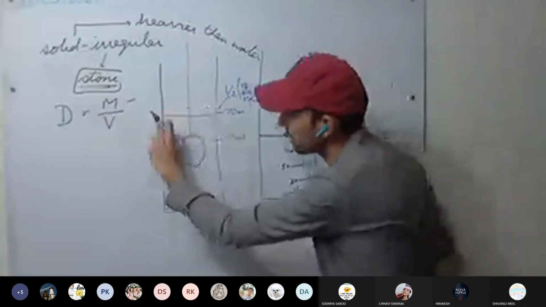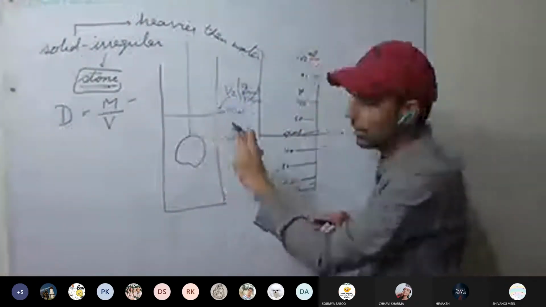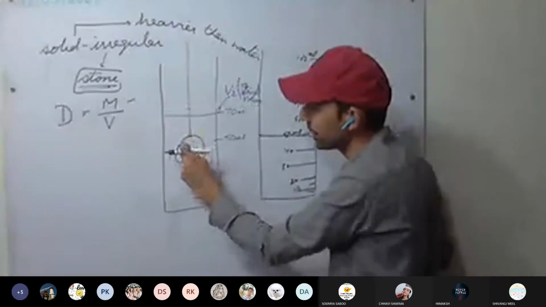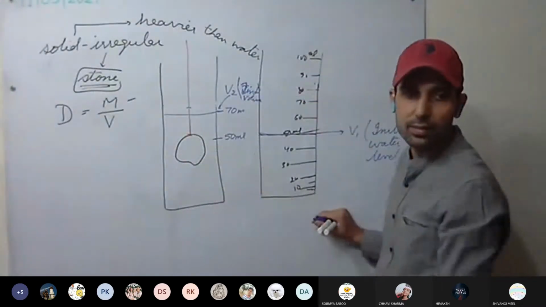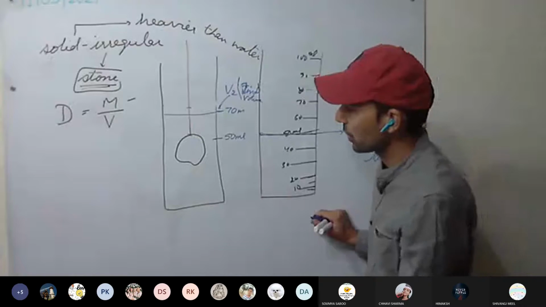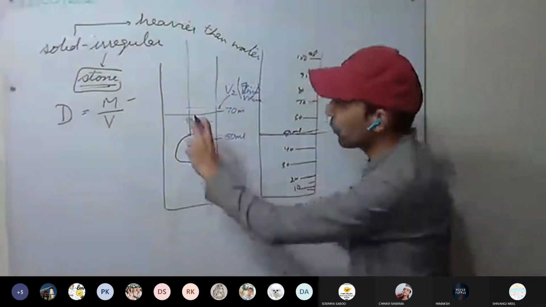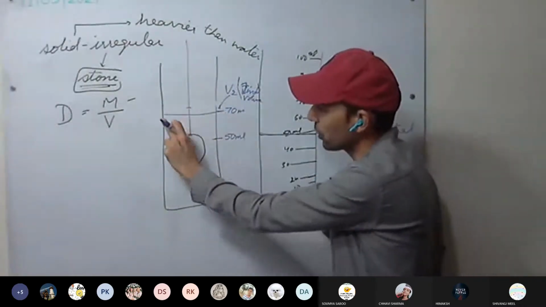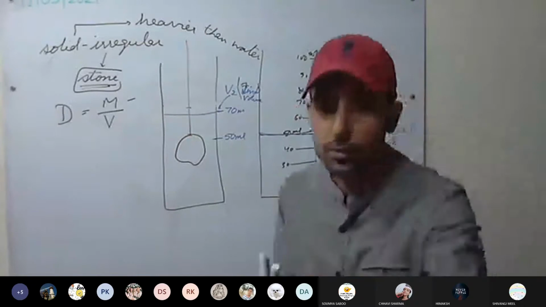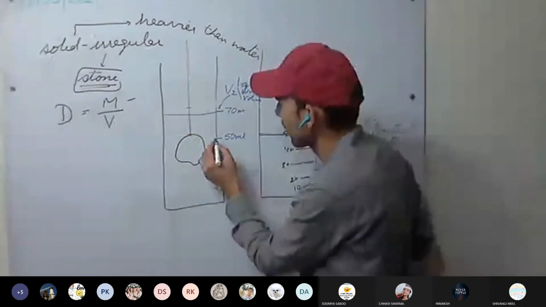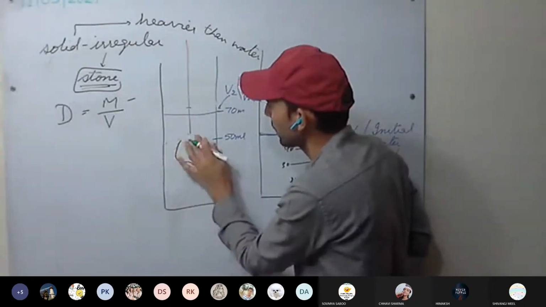Now see here, this rise in water level is the same as the volume of the stone. Yes or no? This much is the amount of water displaced.